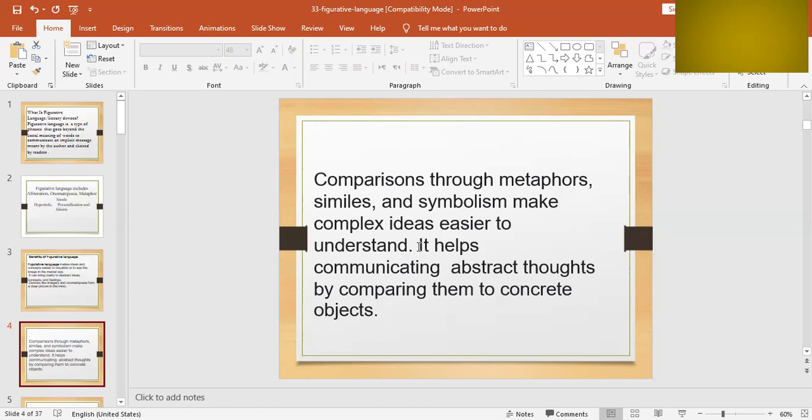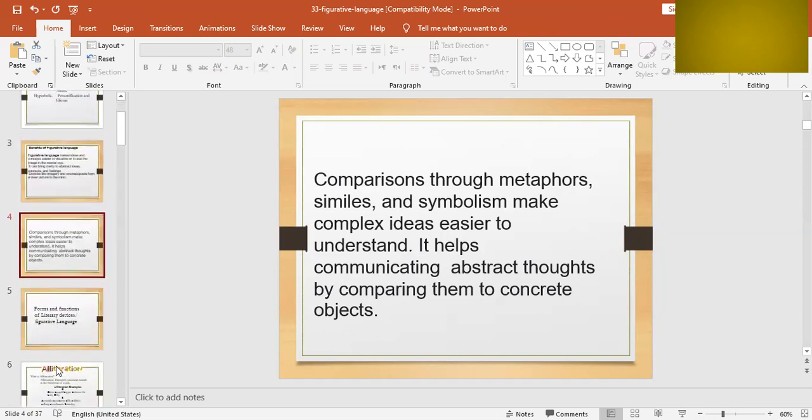As you see here, when you compare an abstract thing, as in the example I gave before, she is as beautiful as a flower. Beauty is something abstract. It is compared to a beautiful flower, so you can imagine her beauty in the way you like in your mind. So this is when you compare things to each other through simile and metaphor.